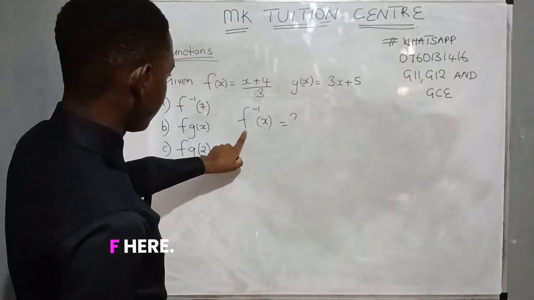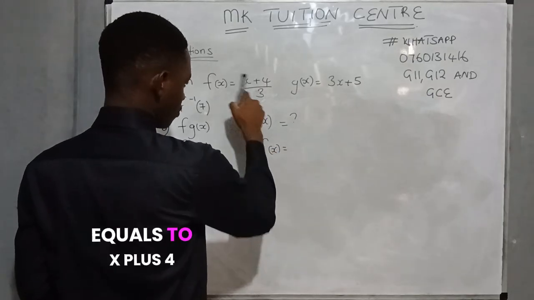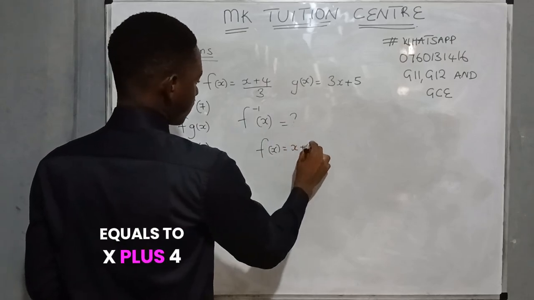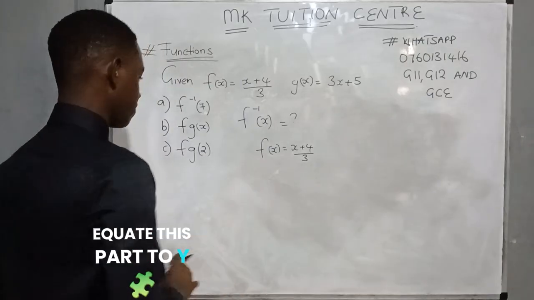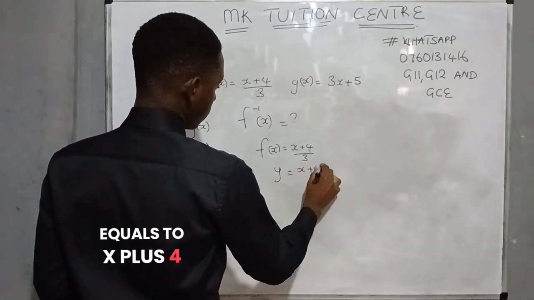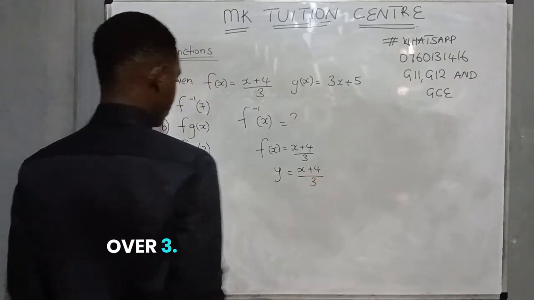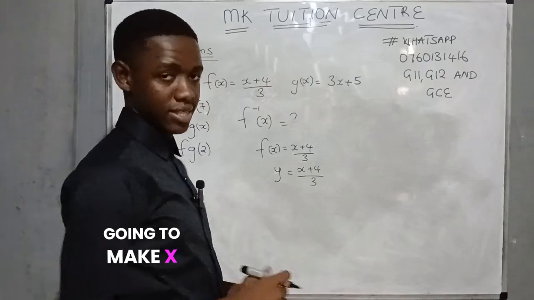We have the function f here, so we're going to have f of x equals (x plus 4) over 3. We're going to equate this part to y, y equals (x plus 4) over 3. When we reach this point, we're going to make x the subject.